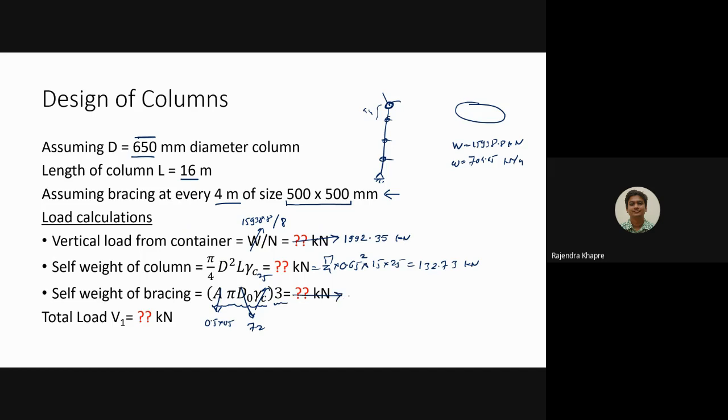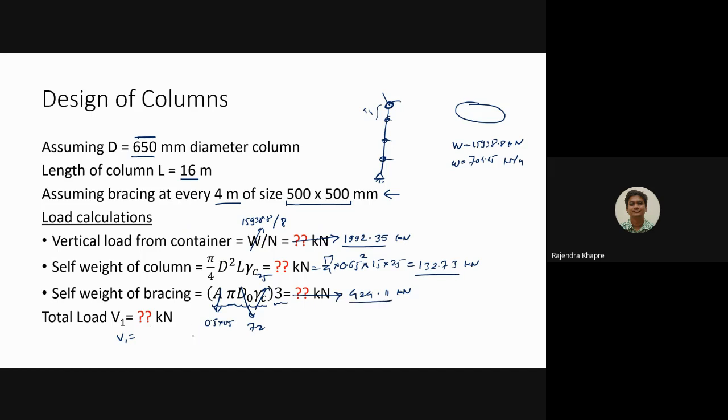Can someone tell me the value of the self weight of the bracing? 424.115 kilonewton. Okay, now you have to calculate V1. V1 is the total vertical load, which is the summation of the load from the container, the self weight of the column, and the self weight of the bracing.